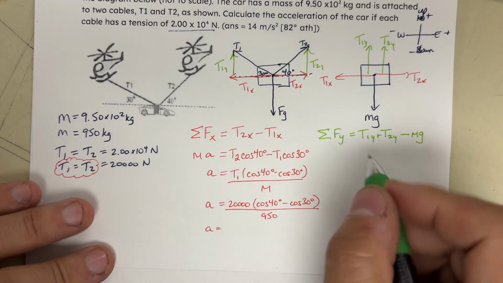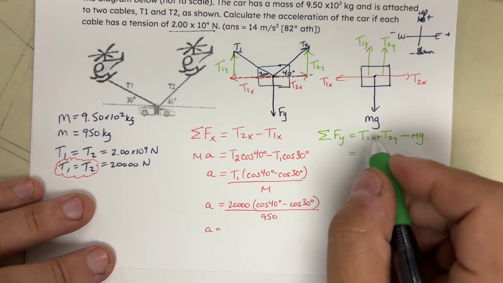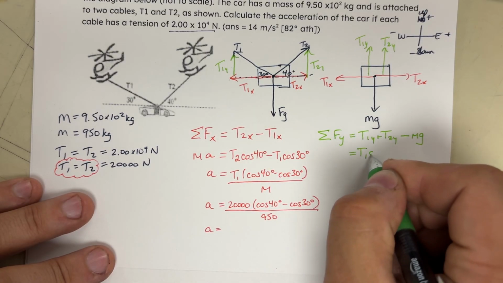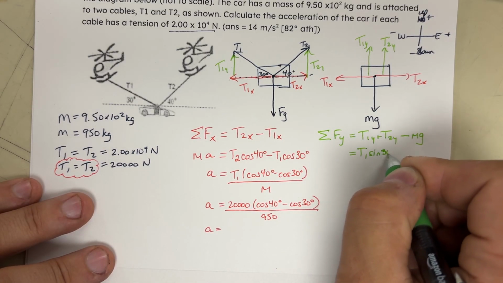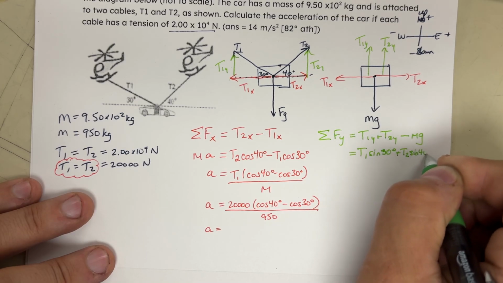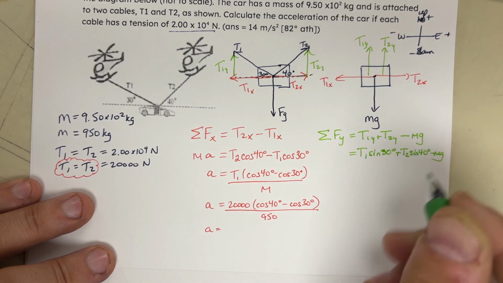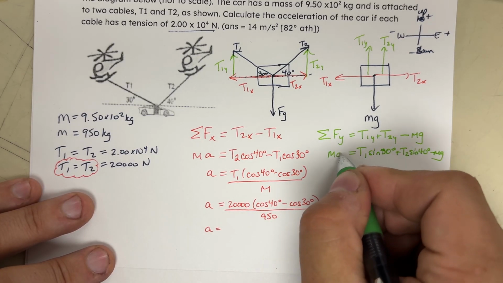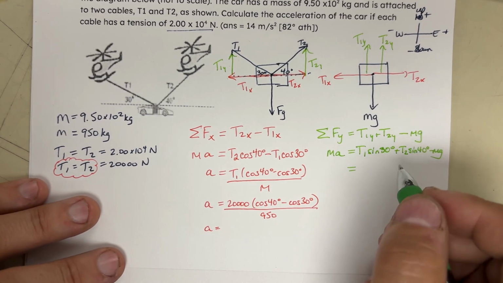Now I'm going to set this side up here. So T1y, if I look at this right here, is T1 sine of 30, and I'm going to add T2 sine of 40 and then subtract mg. And this here is mass times acceleration.